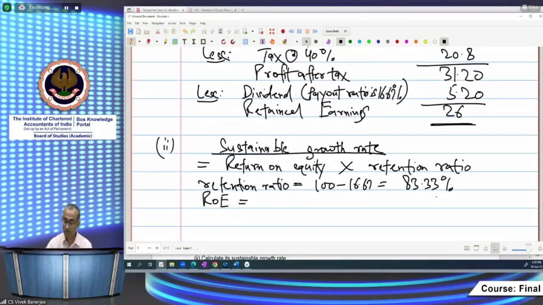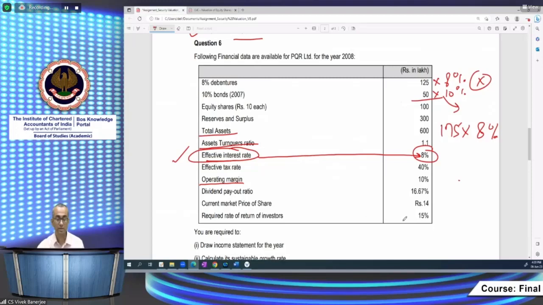You have to calculate it. How to calculate it? Let us see the question again. See, from the figures, you can easily see that the return on equity is not given. So how to calculate it? Return on equity is equal to profit upon net worth.